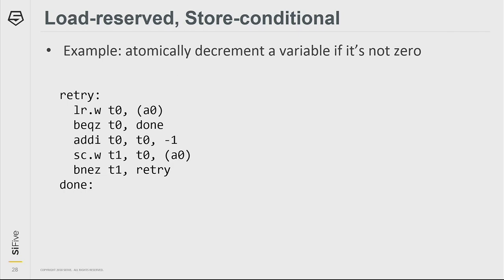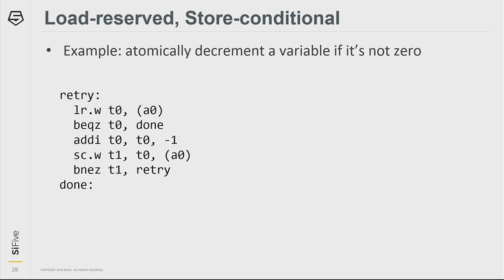So here's an example of the use of load reserve store conditional. This one is ripped right out of the Linux kernel. They want an operation to decrement a variable in memory, but only if it is not currently 0. The way this works with load reserve store conditional is you do the load reserved. The branch there is doing the if-it's-not-0 part. Then you do the decrement, and then you do the store conditional of the new value.